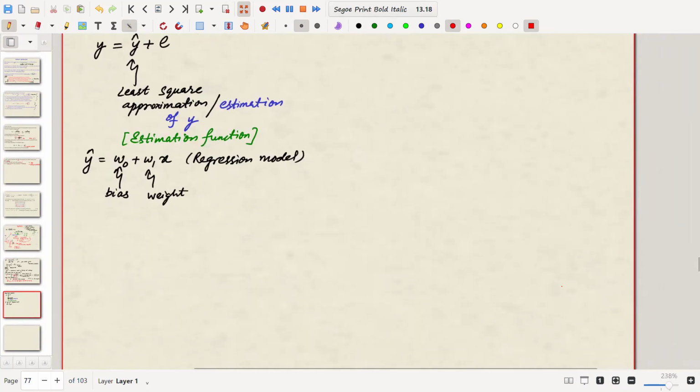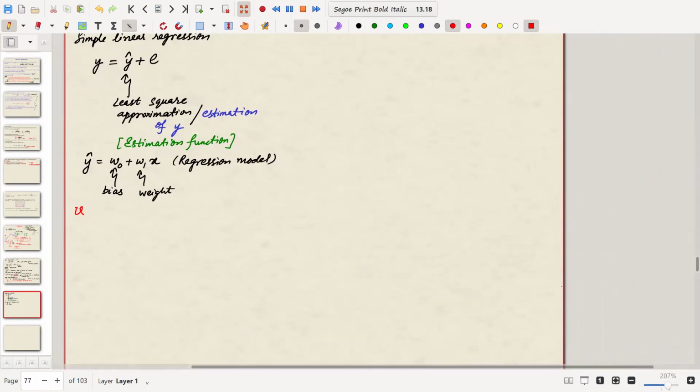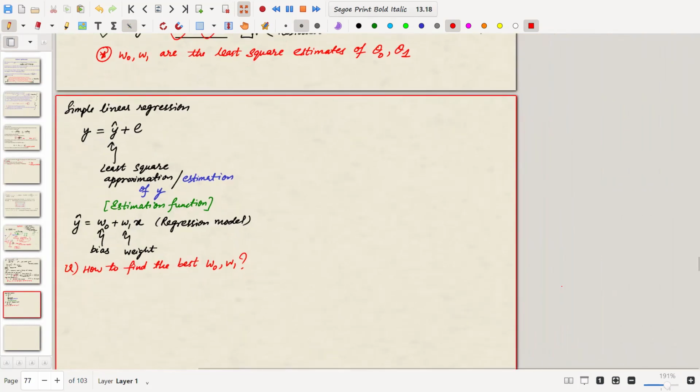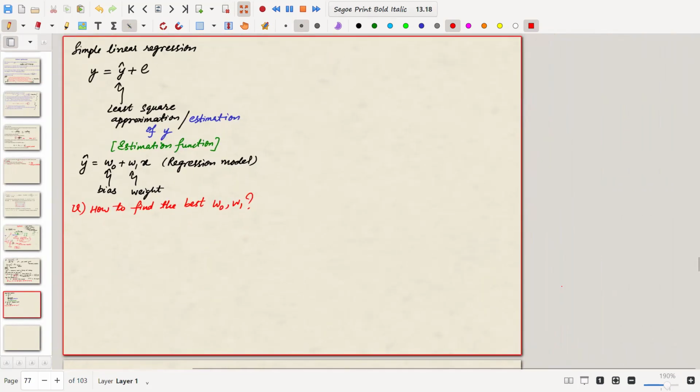Now the main question is how to find the best w0 and w1. Any ideas? We are in a very simple linear regression fashion, so it should be very simple to you.